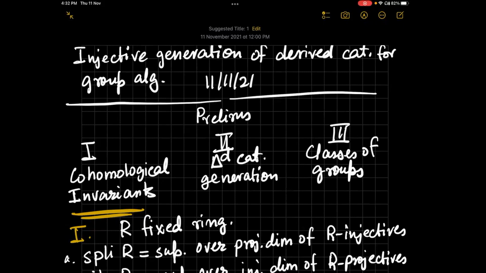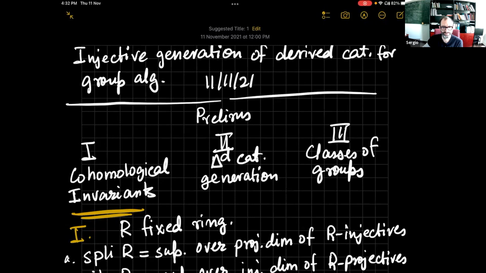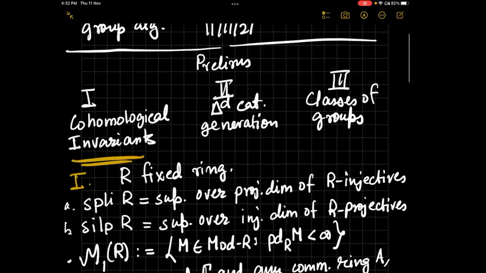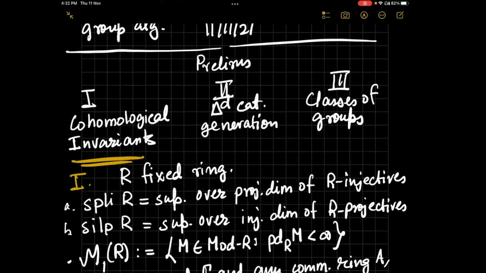All right. So today I'll be talking about that result by Jeremy Rickard that Sutomu mentioned towards the end of his talk, and I will show how a very similar result can be obtained for group algebras in a very different way. So to begin with, I'm going to have preliminaries of three different kinds.